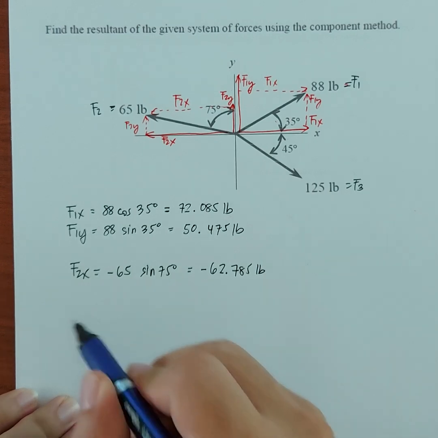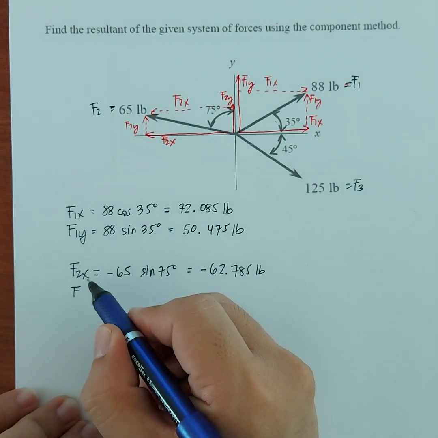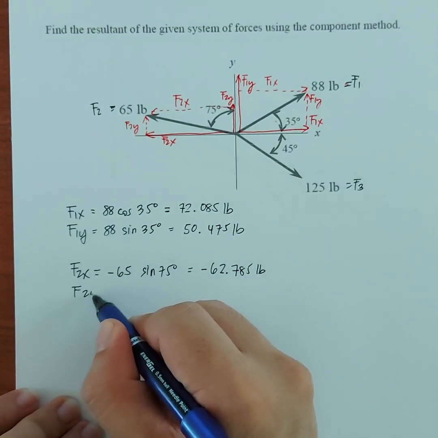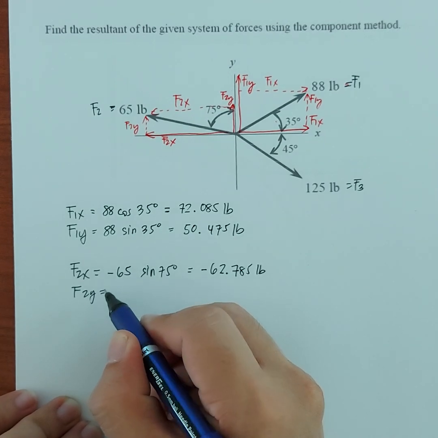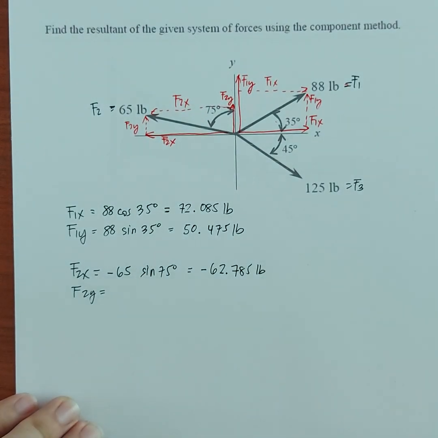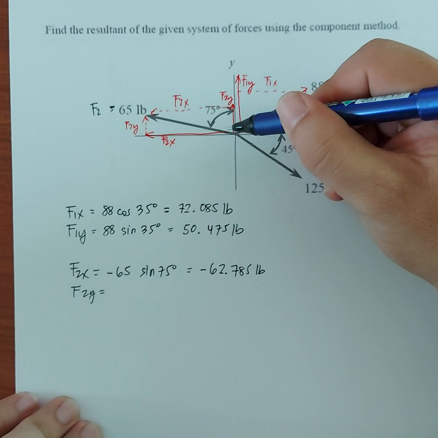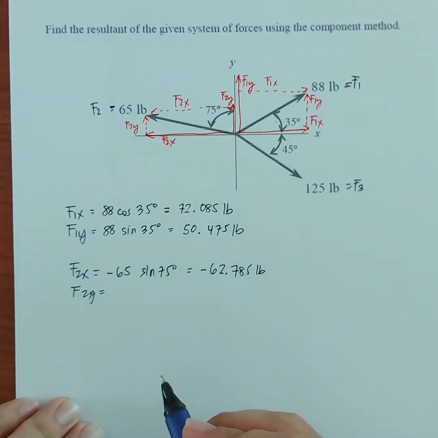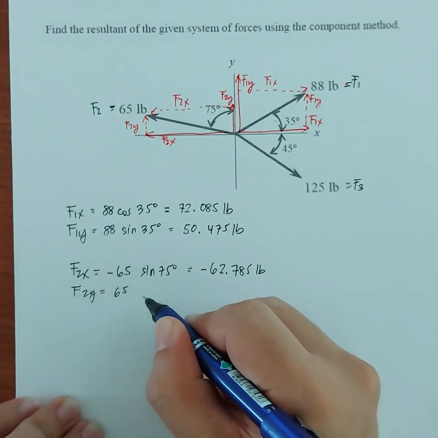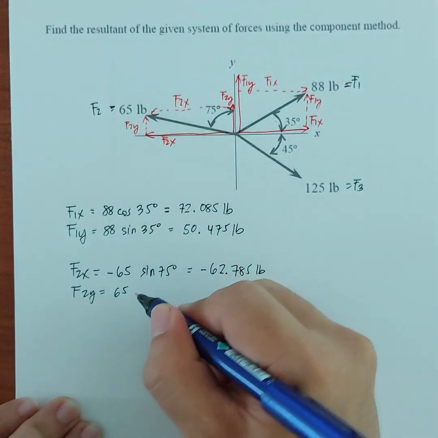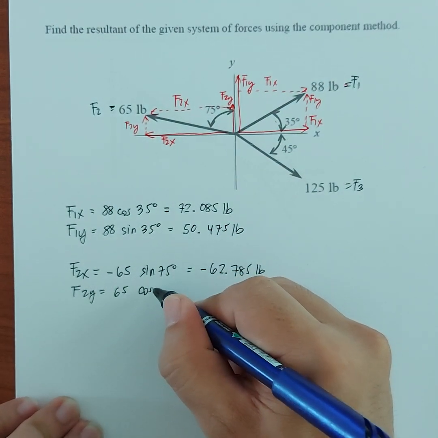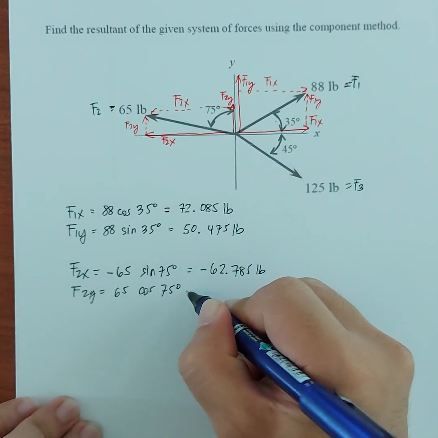Visible ba? And then F2Y is equal to, so F2Y is upwards, so positive siya. So we have 65 and an adjacent side then, so cosine of 75 degrees.